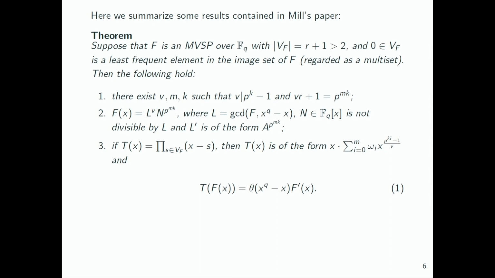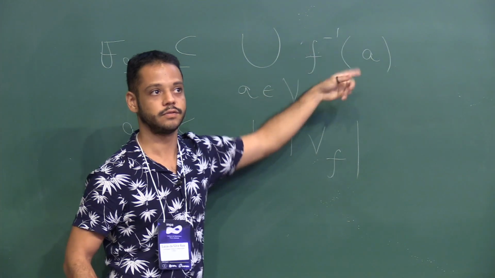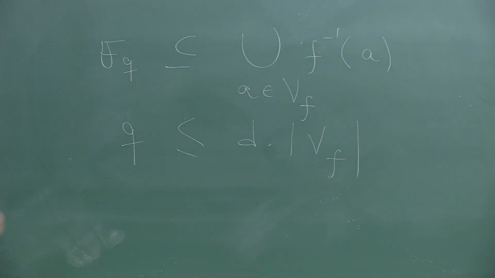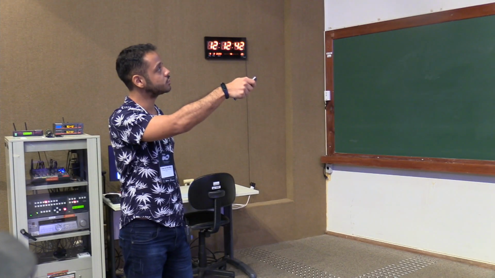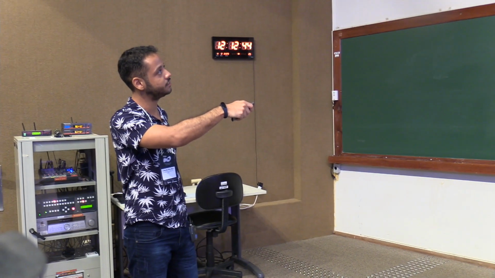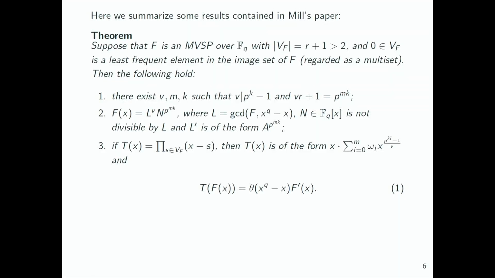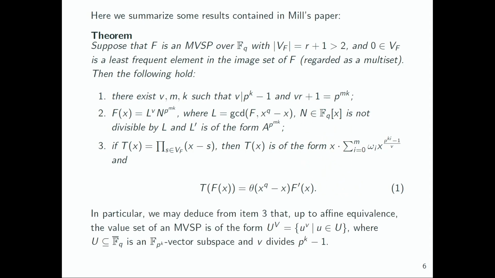So if you take a equals 0, this is the set of least cardinality. We can always assume this after a change of variables. And so in this case, we have some information on F. It must be of this form, a power of L. L is the polynomial collecting all the roots of my original polynomial in Fq. So we also have a polynomial N here. We do not have much information on N.